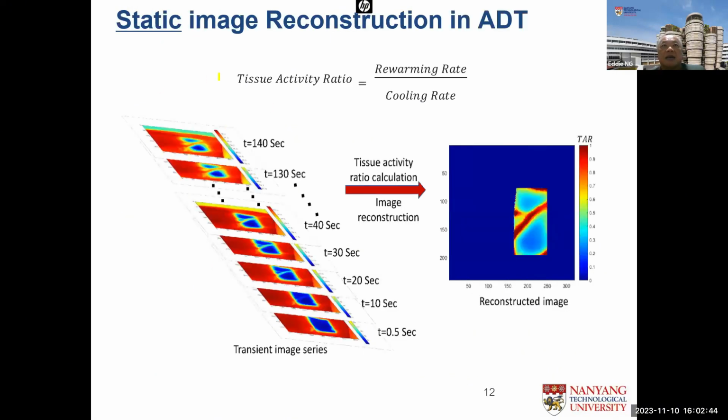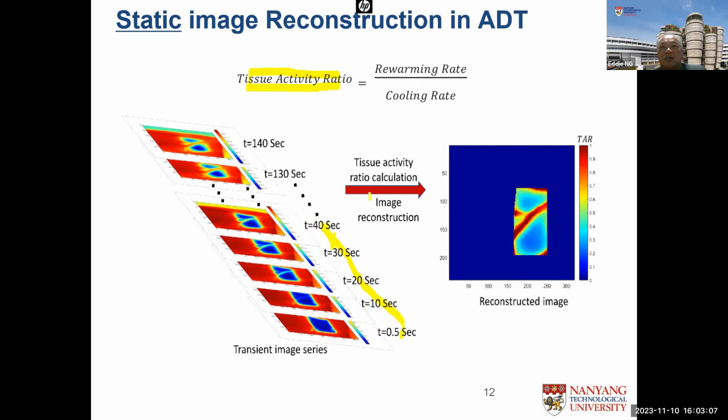Here there is a thermal activity ratio that we propose, which is the ratio of rewarming rate versus cooling rate. You can see that while time evolves, more and more synthetic images can be captured, for example with a 4 frames per second or 10 frames per second camera.